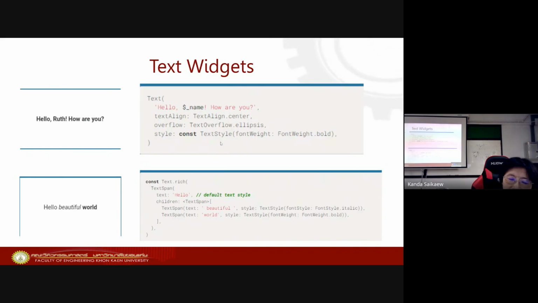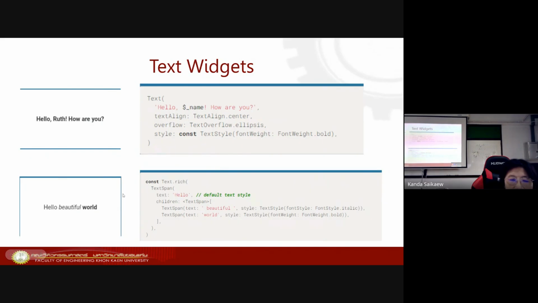And here, if we want to have the text in bold, then you can use the style property. The value of the style property is a text style widget. And here in the text style widget, you can specify the font weight as bold. What if your text has different styles for different parts? Then in that case, we need to use text.rich and text span.